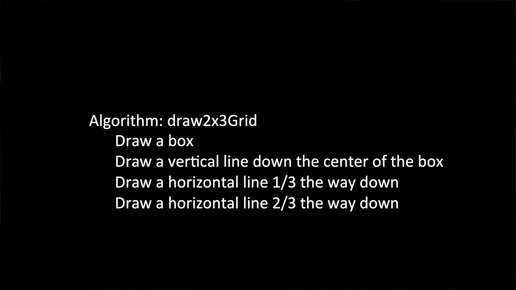Now, there are other ways to draw a 2x3 grid, but this is an algorithm. It's a sequence of step-by-step instructions. Each instruction is unambiguous, and it terminates. So it's finite, and it does produce the grid.